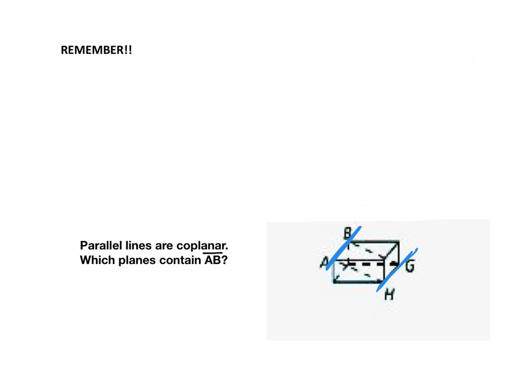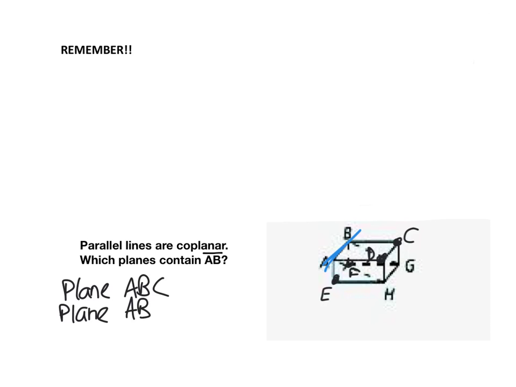Well, AB is contained by plane ABC, so the top, plane ABG, which is that diagonal, plane ABE, which is that left-hand side of this 3-dimensional figure, which means that in order for a line to be parallel to AB, we would have to find a line that's parallel that lies on those planes.